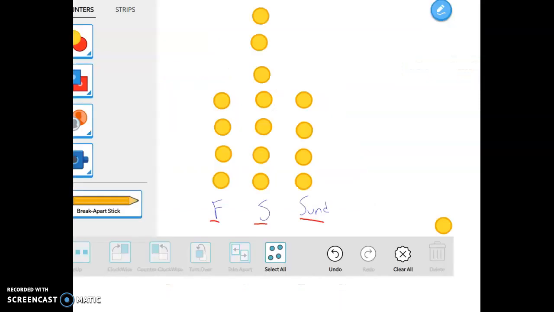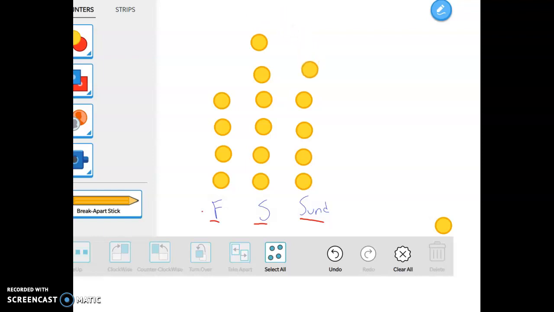All right, so I've got some counters here, and this one right here is Friday. So there's 4 clay pots for Friday, 7 for Saturday, and 4 for Sunday. And what we're asking you to do is to make those columns the same height. Okay, so watch what I do.